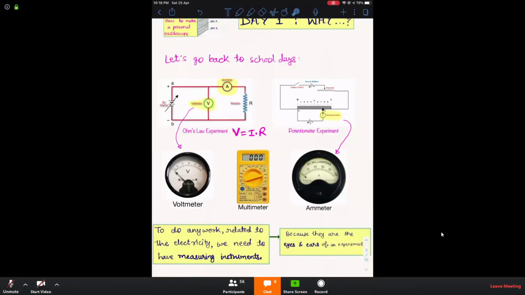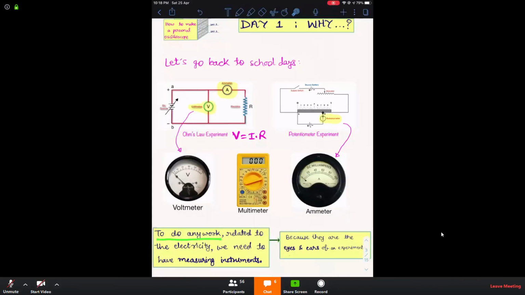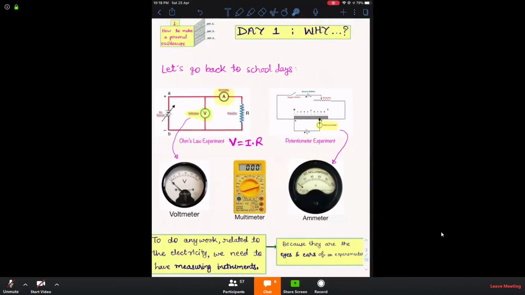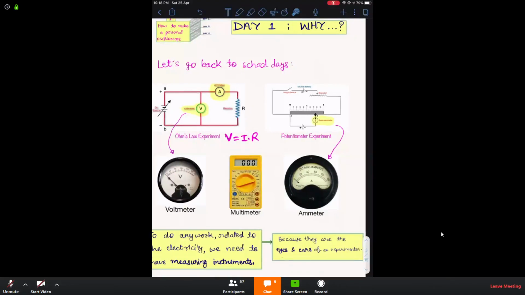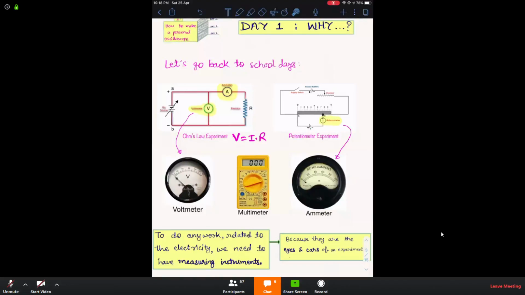To do any work related to electricity, we need measuring instruments because they are the eyes and ears of an experimenter. From these only you can know about the circuit. Once we have understood why we need a measuring instrument, let us go to our next slide.